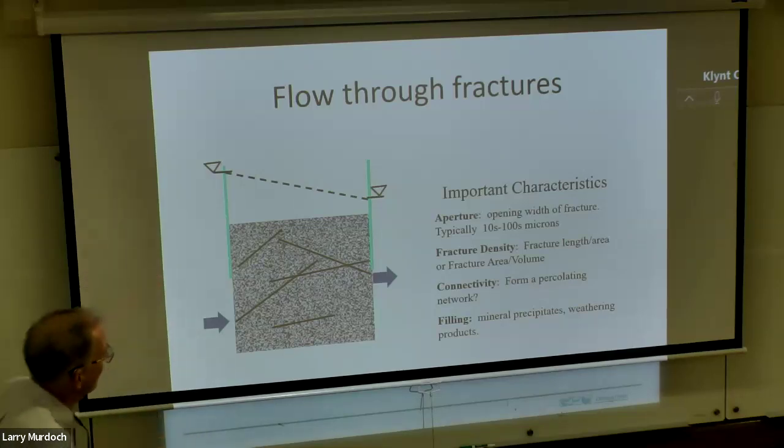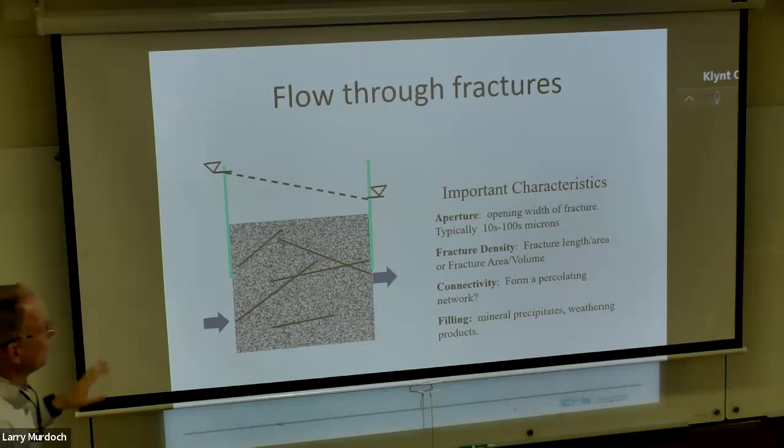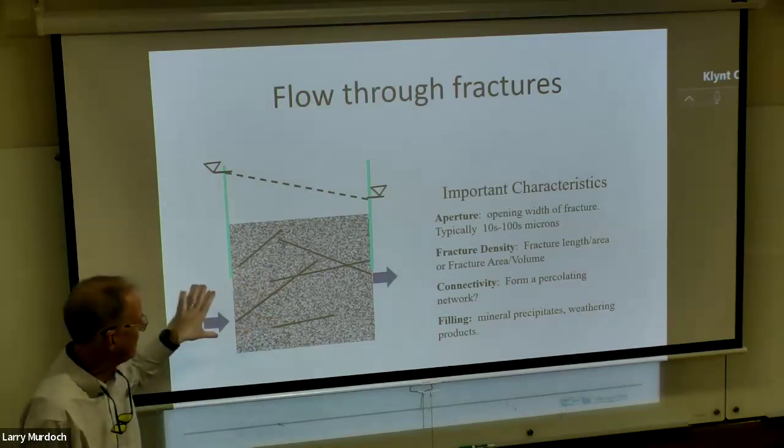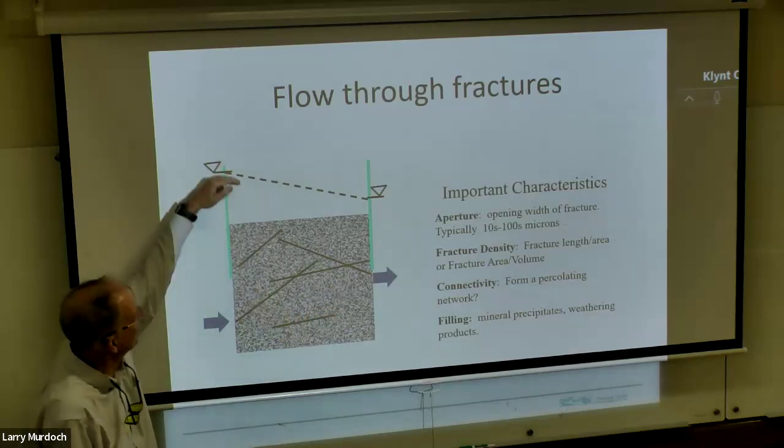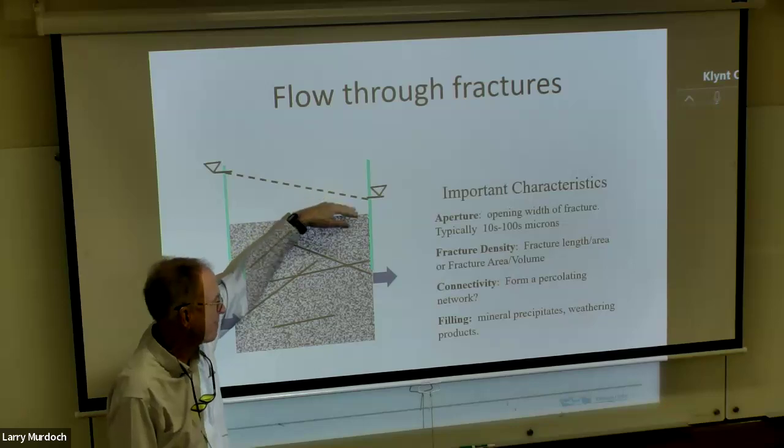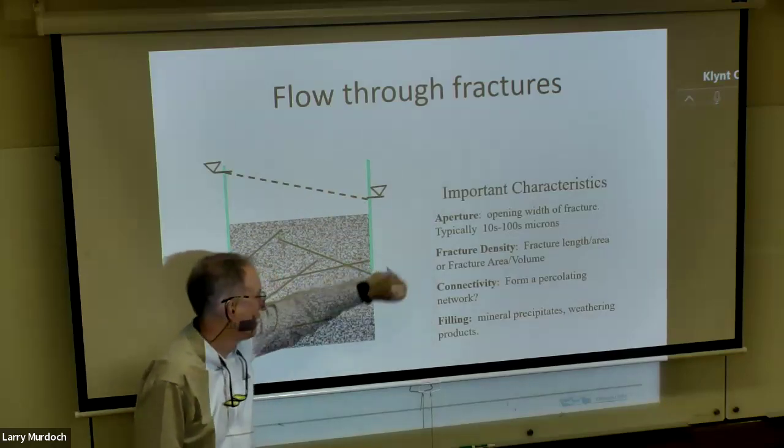So in order to do that, we have to look at some things. What are really the characteristics that are affecting what the flow would be in response to this head gradient? And here are some of them.